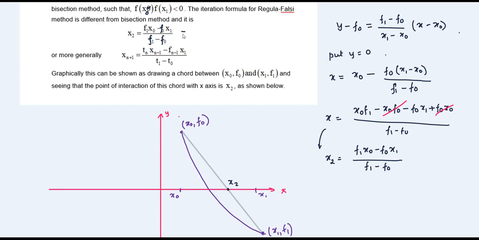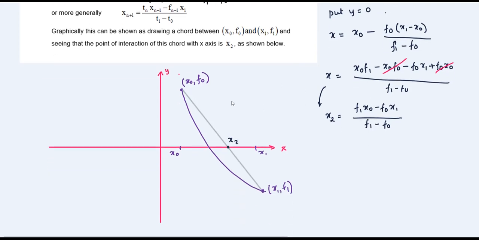Okay, so x2 is f1 x naught minus f naught x1 by f1 minus f naught.